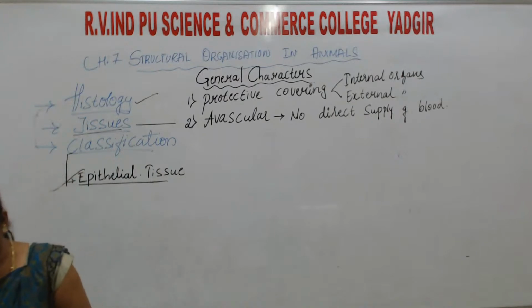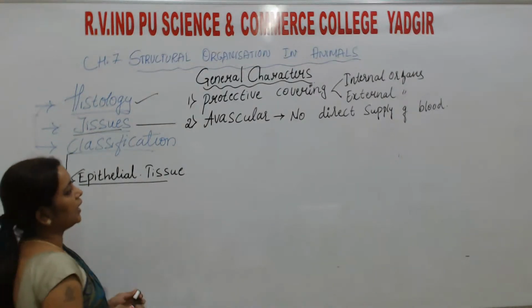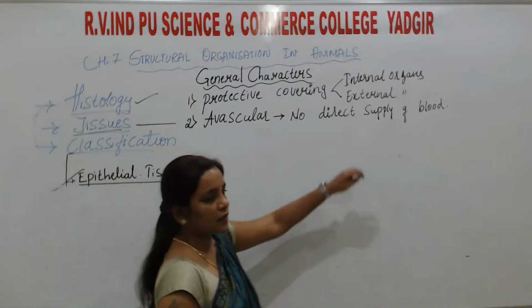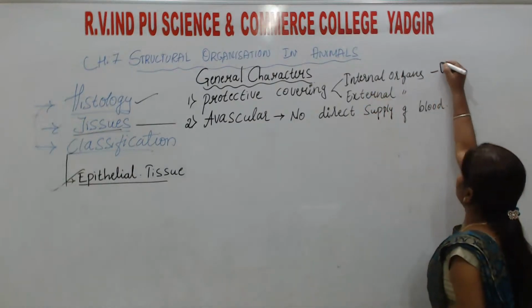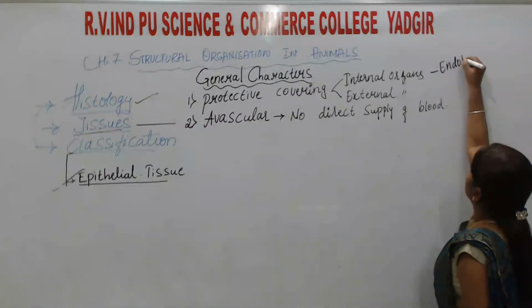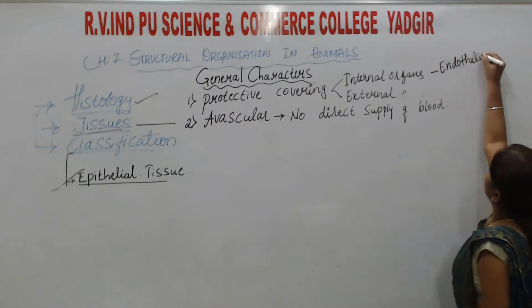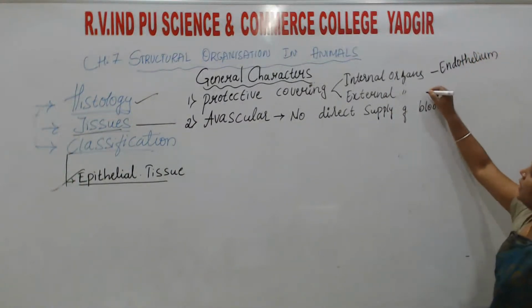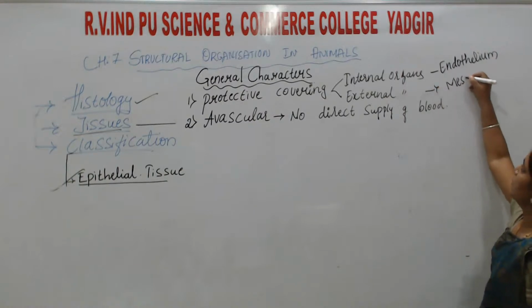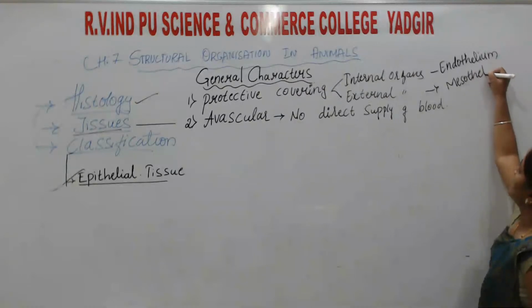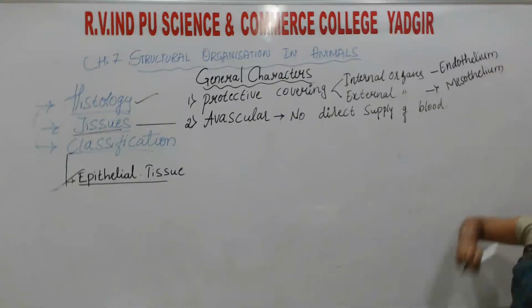Next, if the epithelium is present on the inner surface of blood vessels, it is called endothelium. We are using the terms endothelium and mesothelium.